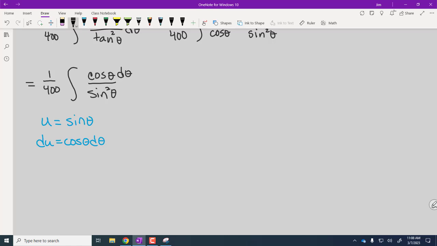So this integral becomes u to the negative 2 du, which we can integrate, u to the negative 1 divided by negative 1. So it's negative 1 over u plus c.